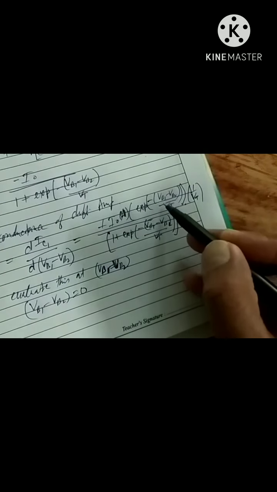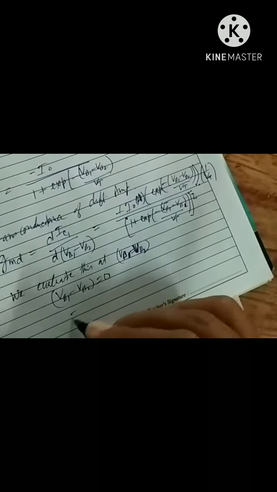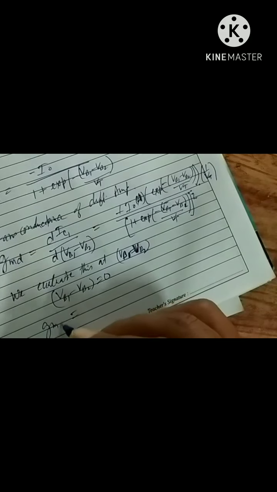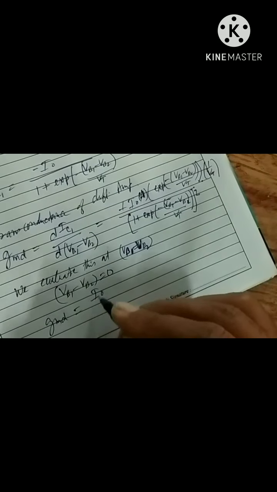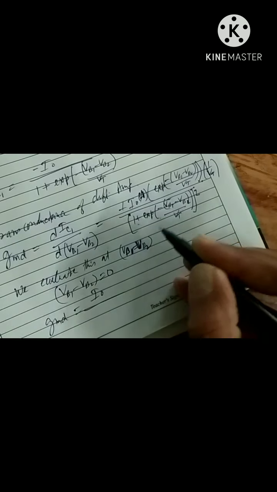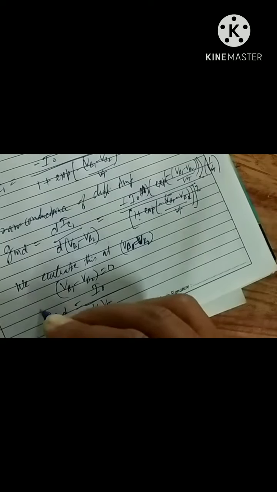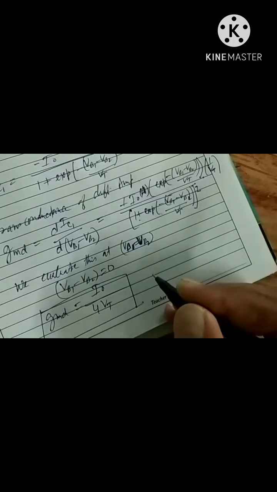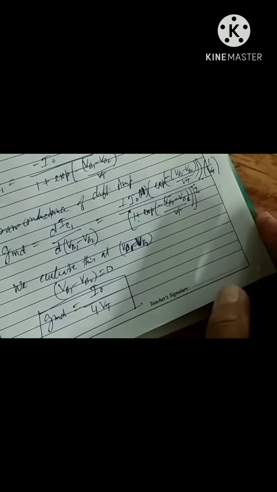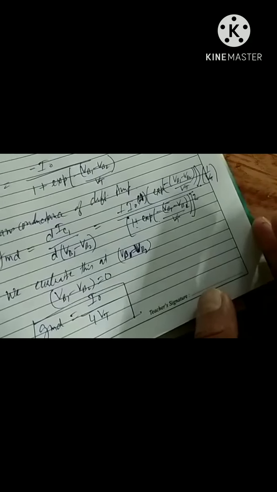So this factor 0, this factor 1, again 1. So we will get GMD is equal to I naught divided by square of 2, that is 1 plus 1, and this VT. So this will be the value at VB1 is equal to VB2.